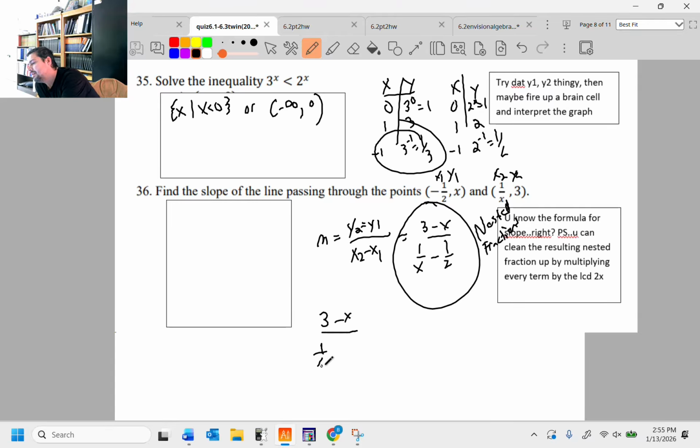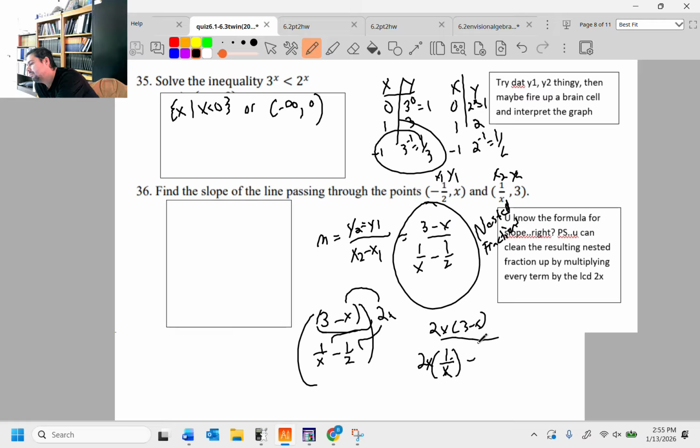And once upon a time, when I used to be able to teach this stuff before they decided that it was too hard for our children, I would teach this technique. And that is to multiply every single thing by 2x, because that is the LCD between these denominators. So we're going to 2x this piece, and we're going to 2x that piece and that piece. So I'm going to have 2x times 3 minus x up top. Down low, I'm going to have 2x times 1 over x minus 2x times that 1/2.